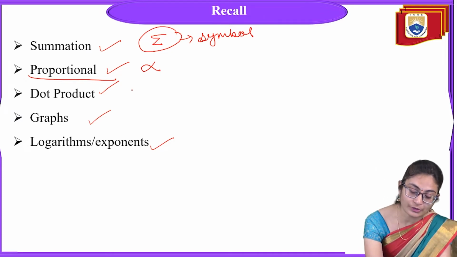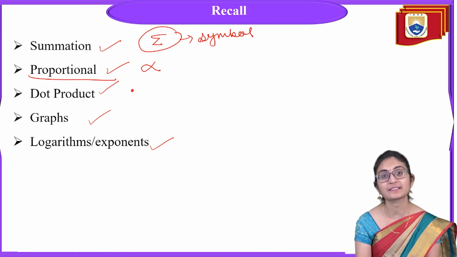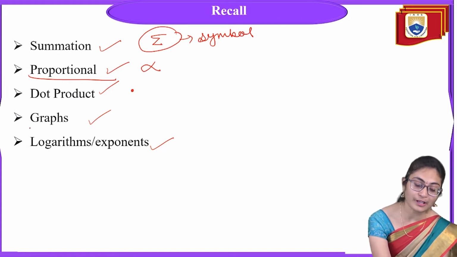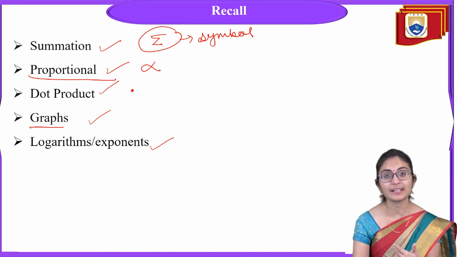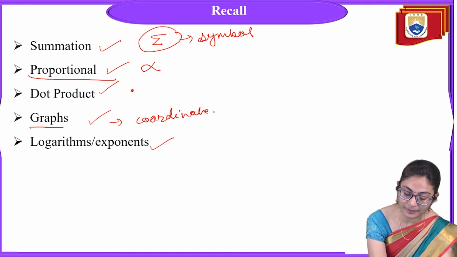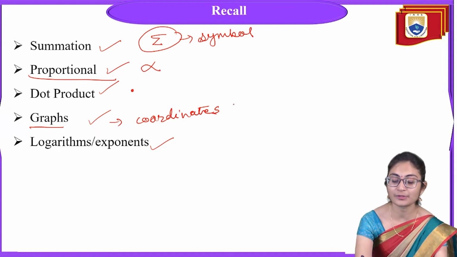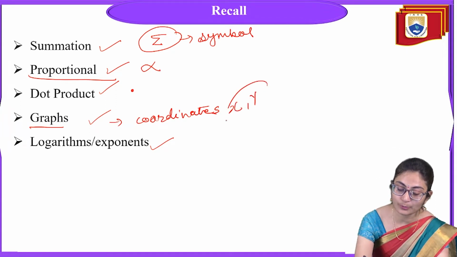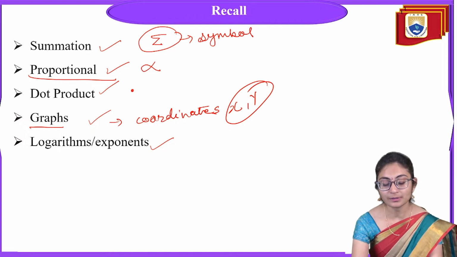Then the dot product: we can perform dot products on a matrix or a vector. Then we have seen graphs, and every graph is very important. We have found some coordinates. When we learned about the graph, we showed that both x and y coordinates are very important for the graph.